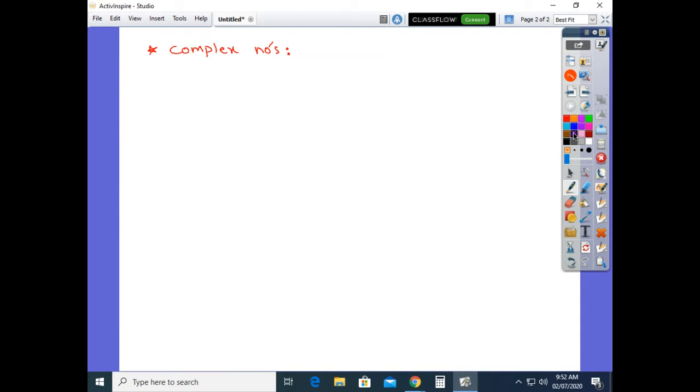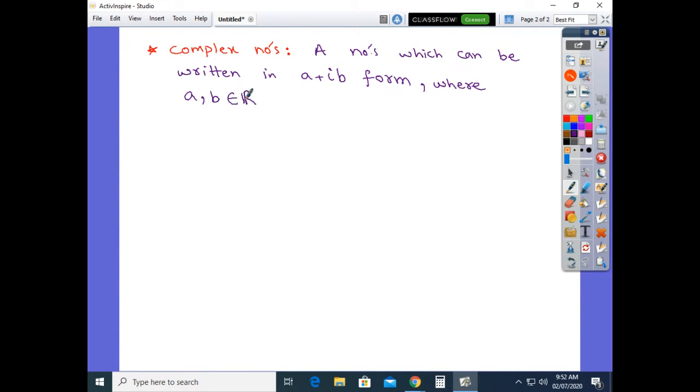First of all, here we define the complex number: a number which can be written in a plus iota b form, where a and b belong to real numbers.